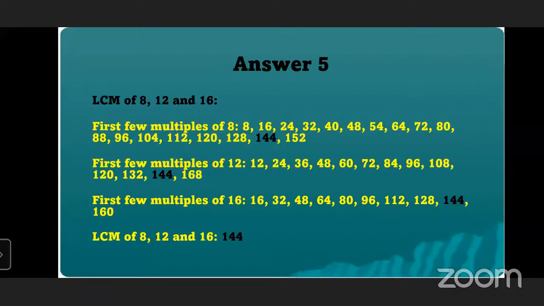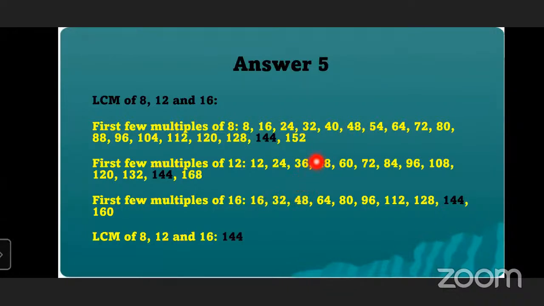The answer is 48. Because in the table of 8, it's 48. In the table of 12, 48 is there. And again in the table of 16, 48 is there. So the answer is 48.